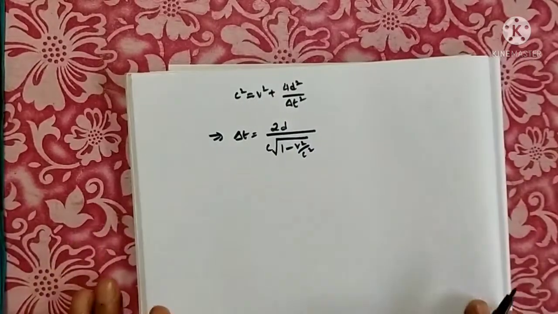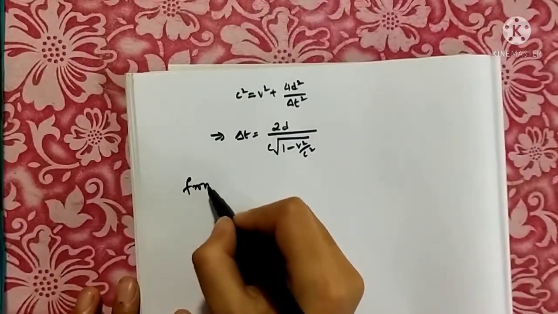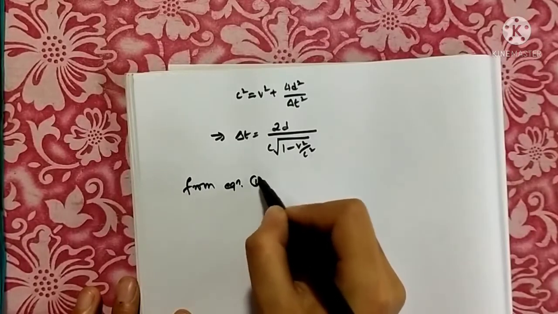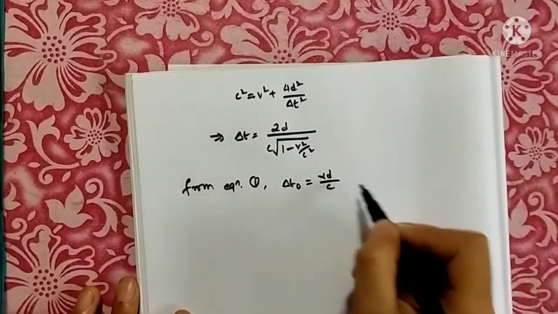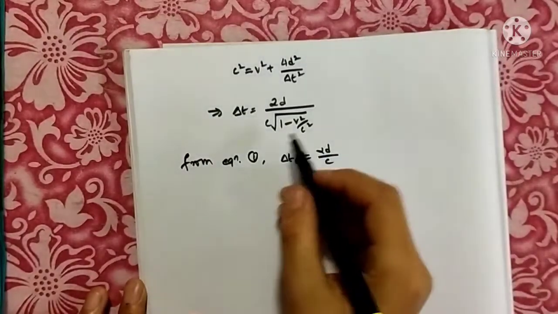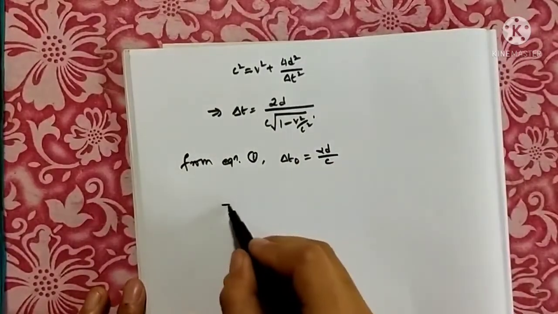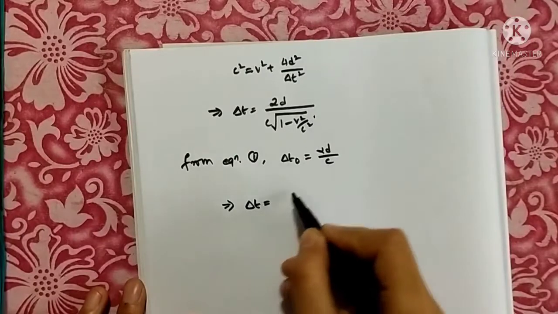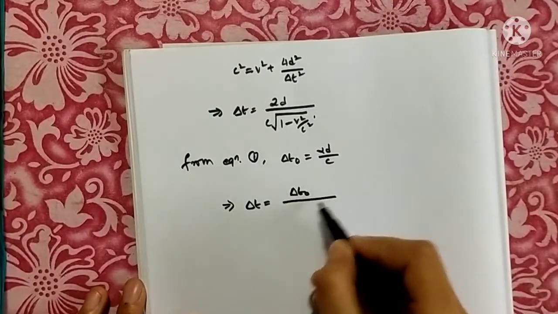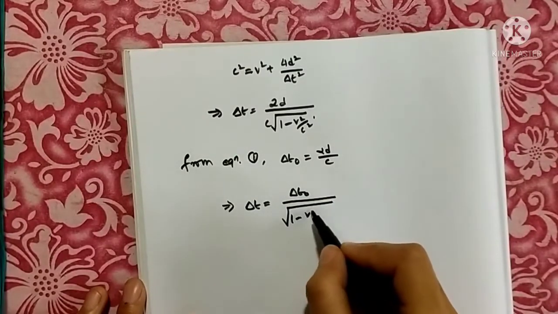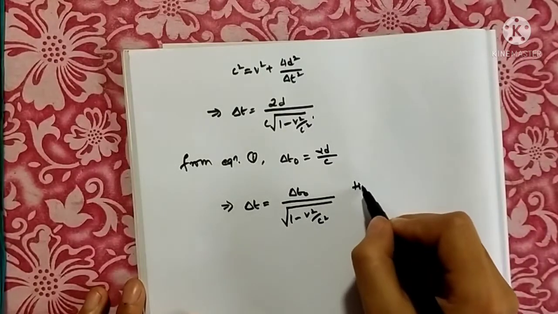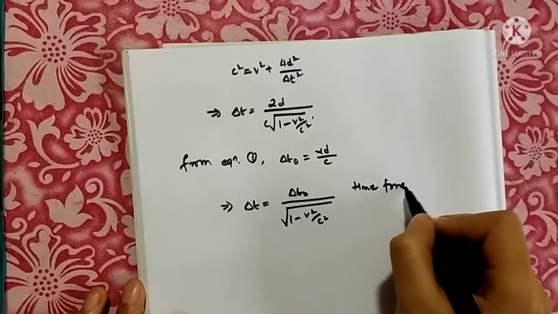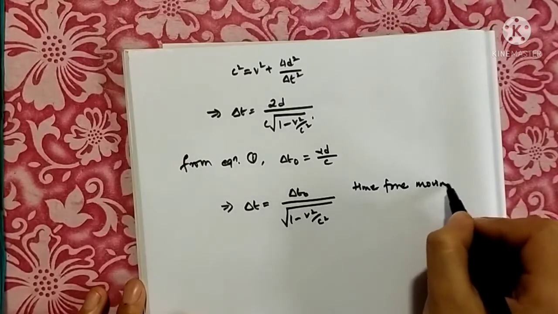Now from equation 1 we know that delta t naught is equal to 2d by c. So we can rewrite this equation as delta t is equal to delta t naught by under root 1 minus v square by c square. And this is the time for the moving observer.